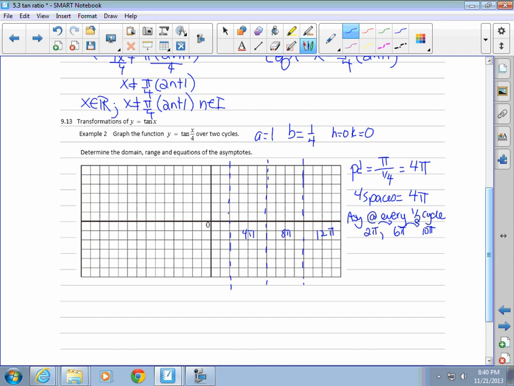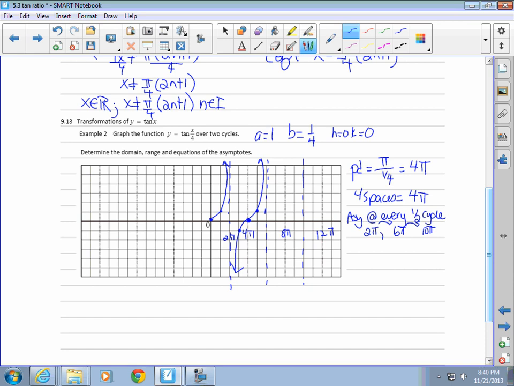So now I can plot my points because nothing changed with my amplitude. Then that means at 0 it's going to be 0, halfway in between. So if this was at 2 pi, at pi it's going to be at 1. So halfway between the cycle it's 0, halfway between the asymptote and my 0 it's at -1, and then +1 here.